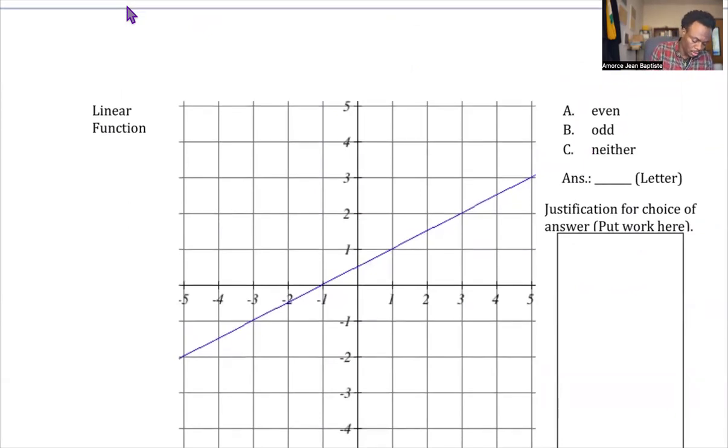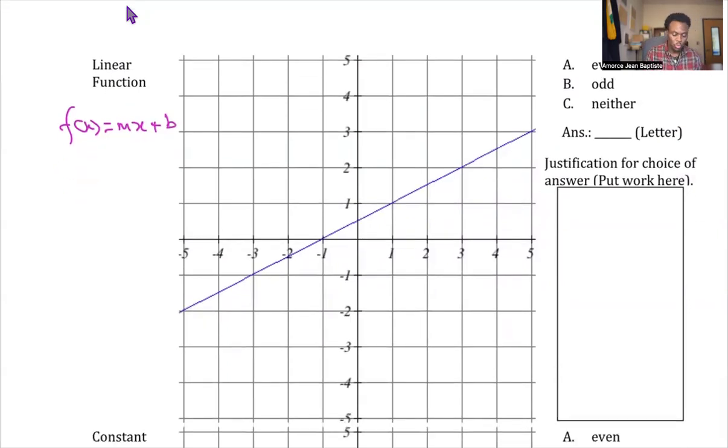Linear function. It's f of x equals mx plus b. We can take just one example. Let me take 3. F of 3 equals 2. Where is negative 3? F of negative 3 is negative 1.